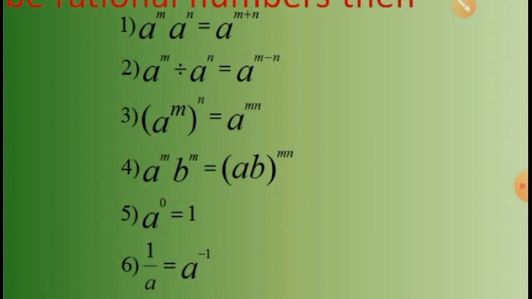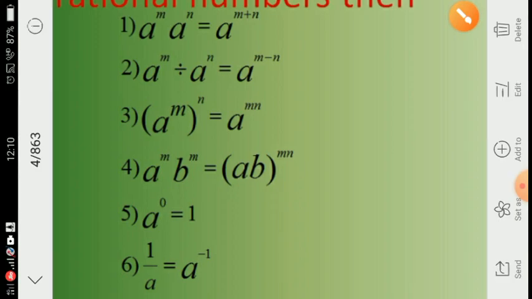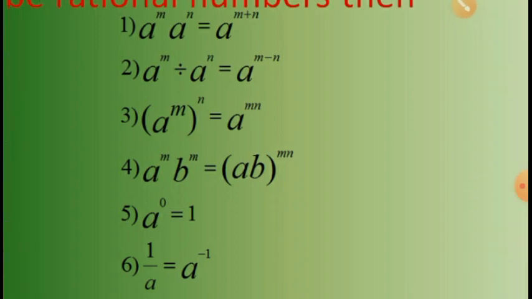So what will I have? a raised to m plus n. Second is a raised to m divided by a raised to n. Yes, it is a raised to m minus n. Next, (a raised to m) bracket raised to n. I have to just multiply this m and this n. So it is a raised to m into n.